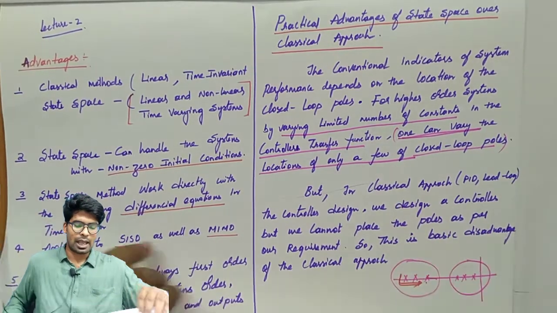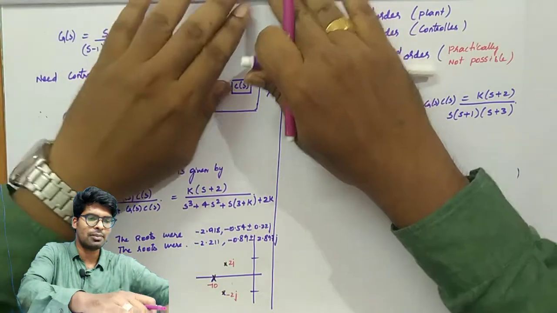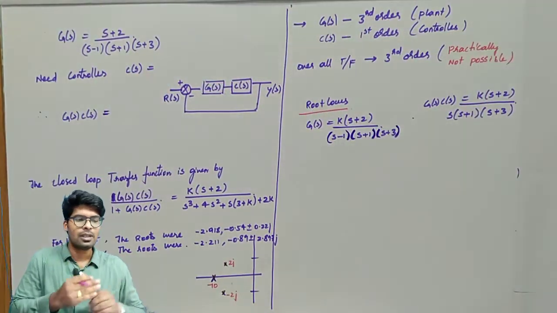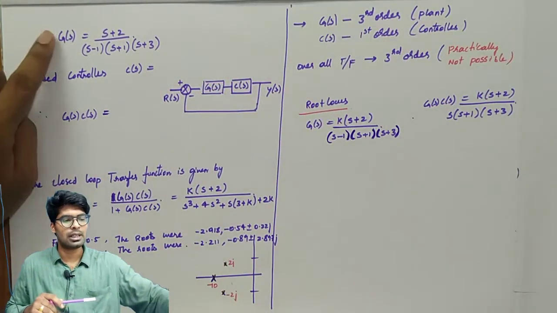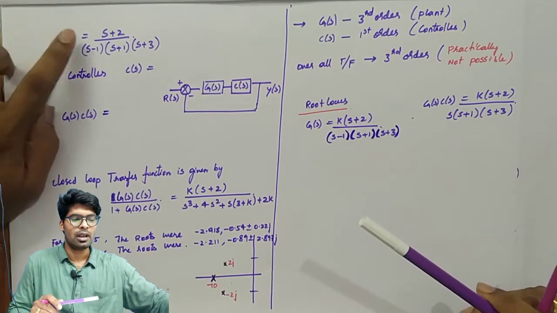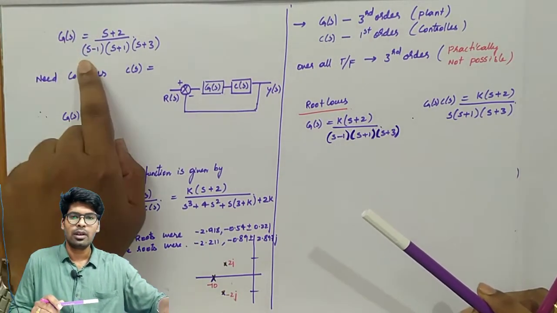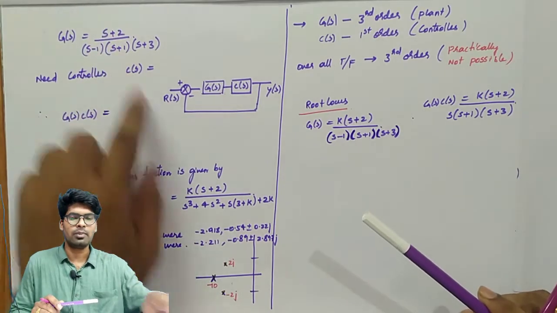So I came up with a practical example of a transfer function which is unstable. This plant function has one zero and three poles.